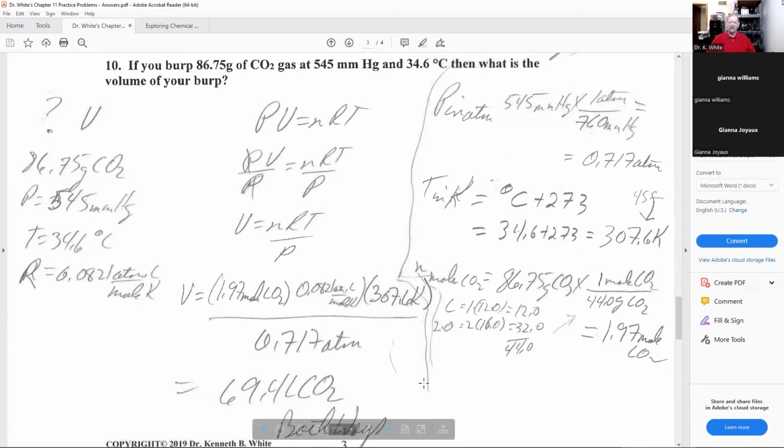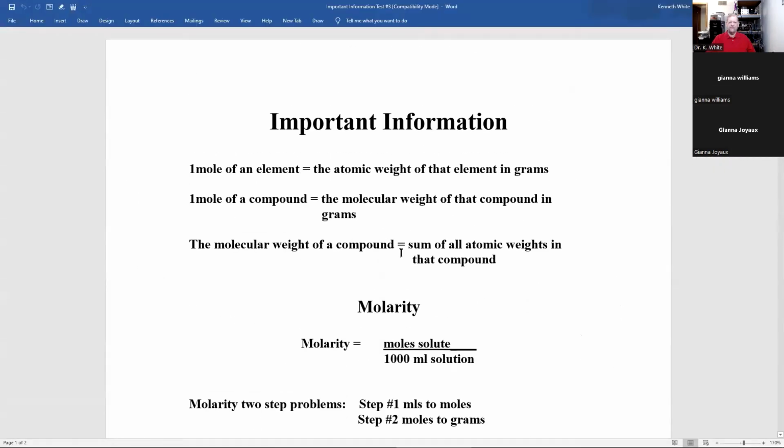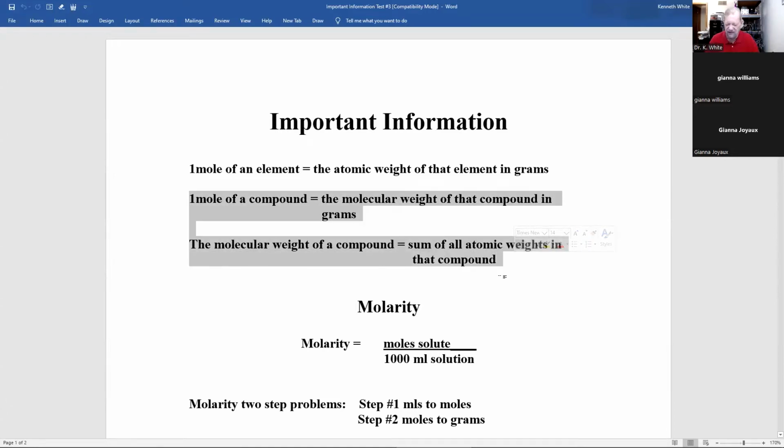Where do I get those numbers? If you look at important information, quiz number 3, and this I'm going to be changing because this is the old one before I knew I had to give quizzes, not tests. 1 mole of a compound equals the molecular weight of that compound.